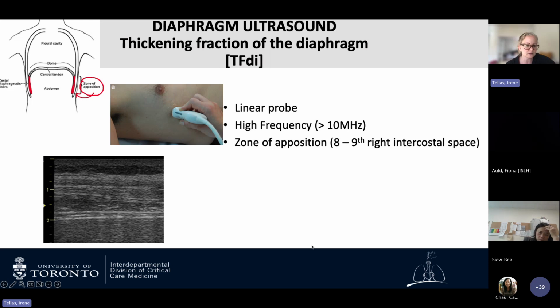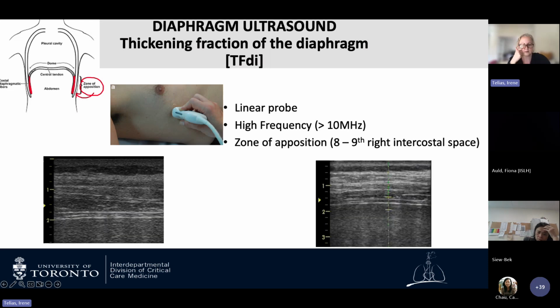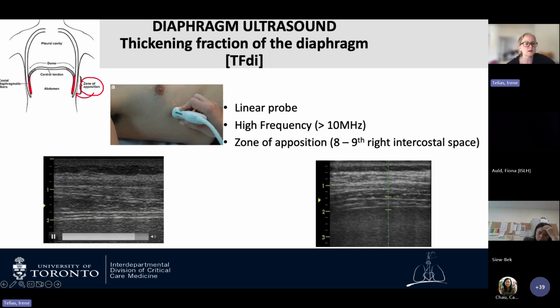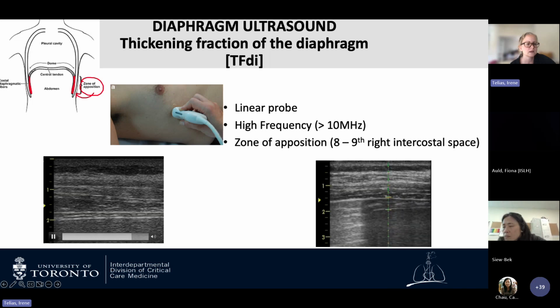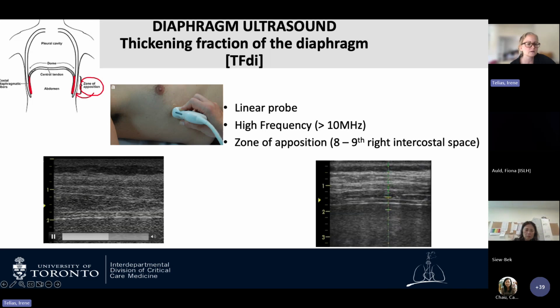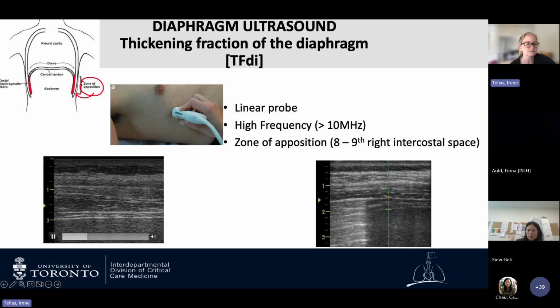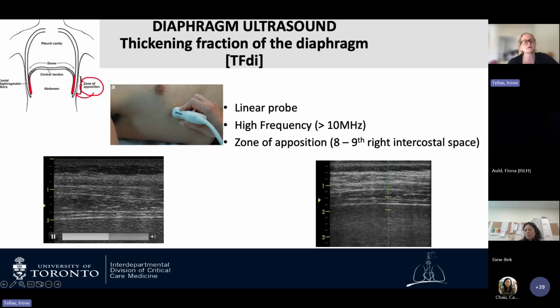Okay, and I put some examples again here for you to see. This one is easier to gather, but here we see, so this is the fat on the upper, we go from surface to deep. So fat, then we have some intercostal muscles. And here you see 2 very nice hyperechogenic layers, one on the top and one on the bottom, with some hyperechogenic in the middle as well.